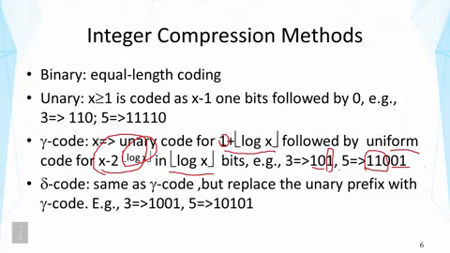There is also delta code that's basically the same as gamma code, except that you replace the unary prefix with the gamma code. So that's even less conservative than gamma code in terms of rewarding the small integers. That means it's okay if you occasionally see a large number. It's okay with delta code. It's also fine with gamma code.